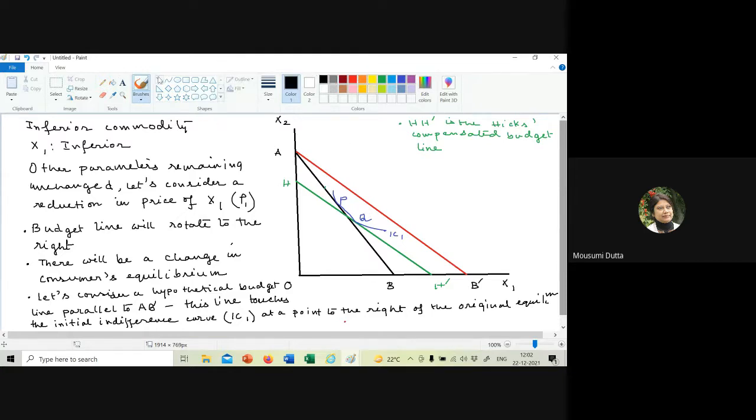So let me mark. I'm marking the first quantity, say by Q1, as we did in the last class.